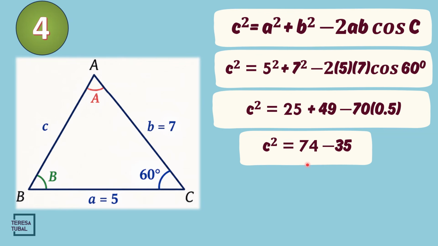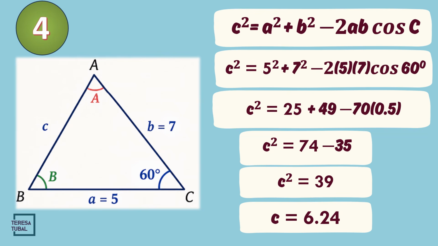So 74 minus 35. So c squared is equal to 39. Get the square root on both sides. So the square root of 39 is equal to 6.24. So side c is equal to 6.24.